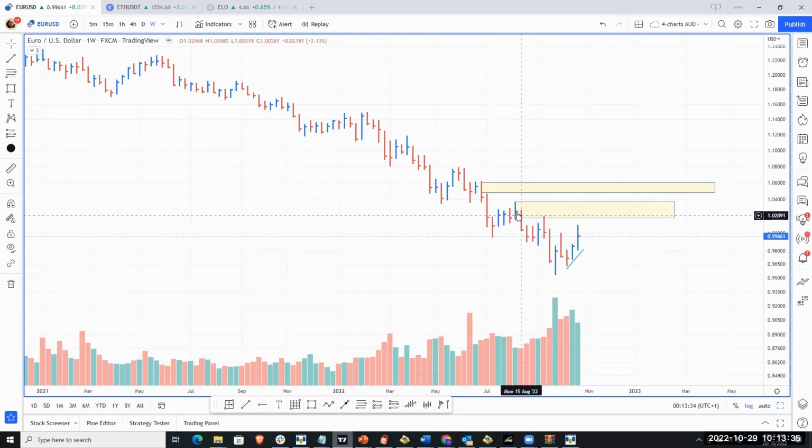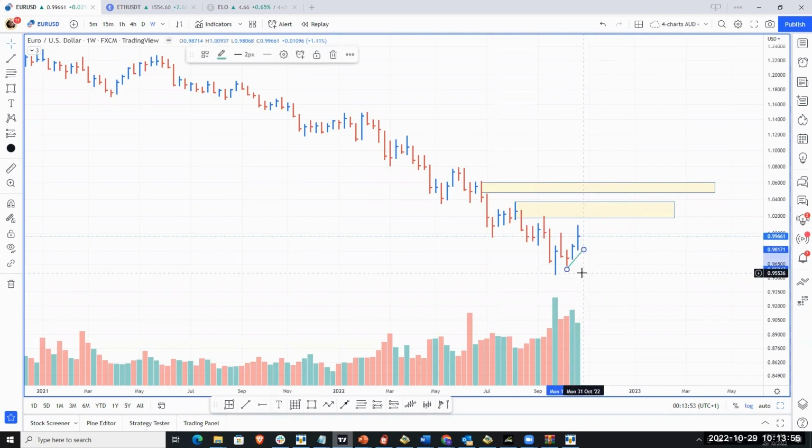But these are my zones where I'm expecting market to give us a reaction. So that's the first one, and this is the second one. So let's see how the market plays next week, but expect a bullishness in the EURUSD next week. When the US dollar is going to be weaker, then why do we say that the Australian dollar is going to be weaker?